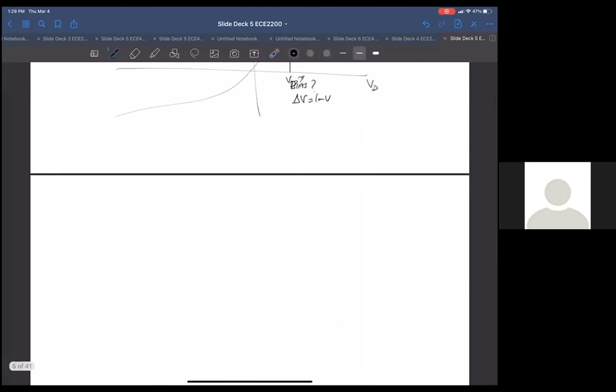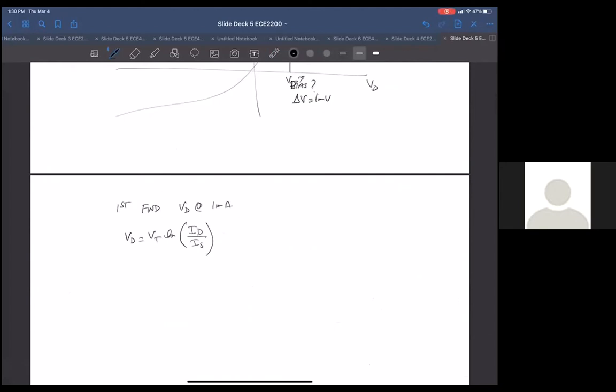So the first step, I need to find V sub D at 1 milliamp. The equation for that is V_D is V_T natural log of I_D over I_S. Well, the example didn't even give us I sub S, so we have to come up with something.